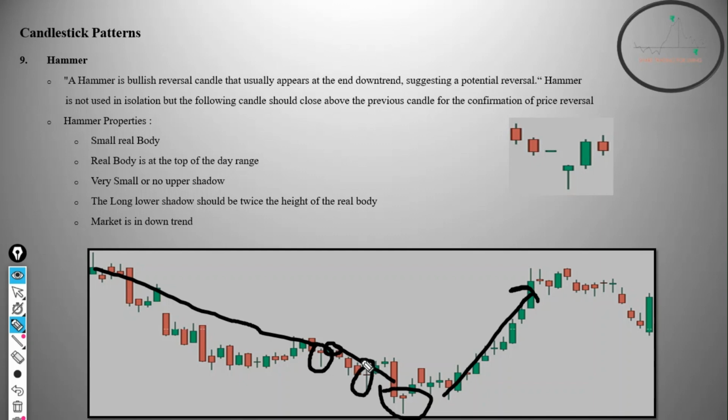Here it is a doji, and there were two green candles, but again the market went down. So these are false signals, and you have to wait for confirmation before taking a trade. So this can be called a doji, but not an inverse hammer, right?